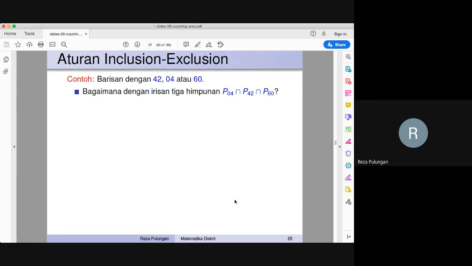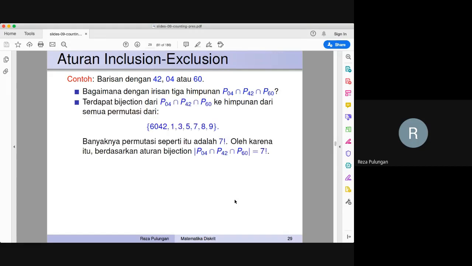We think about this also in the same way. The bijection must be, if they must be there together, then the only possibility is this one: 60 must be followed by 04 and then followed by 42. So you fuse them together.